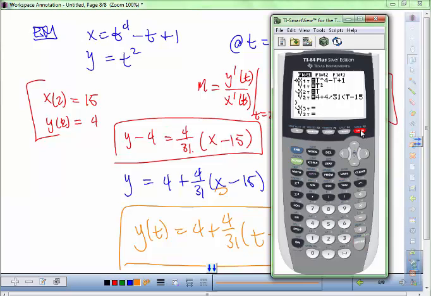And so now if you graph that, you graph, oops. What happened? So I need to get my t going all the way up to 15. So 15 or 16 or 20.